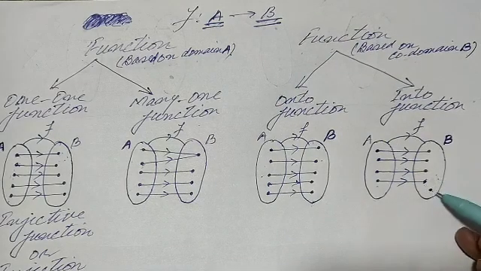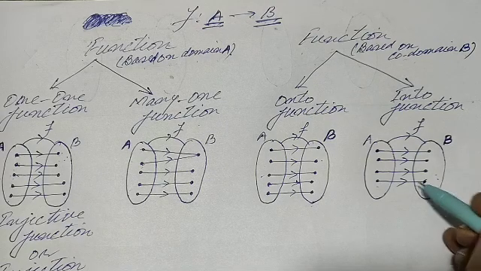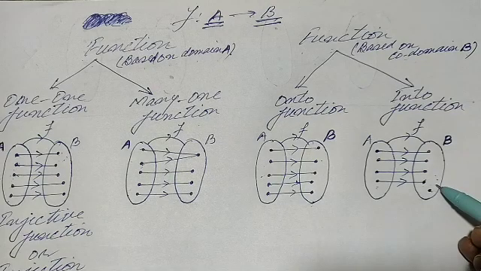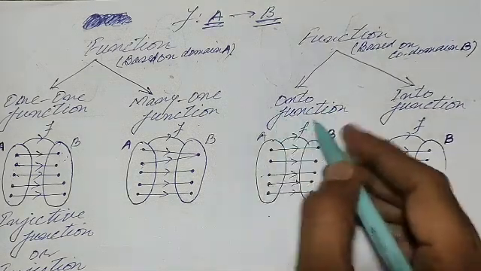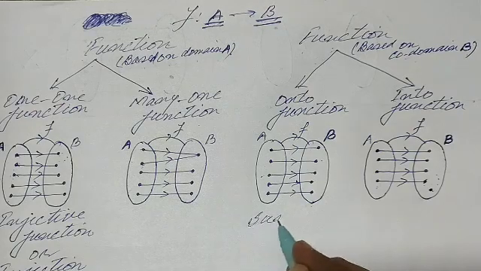And if there is at least one element in codomain which has no pre-image in domain, then it is said to be an into function. Onto function is also known as surjective function.